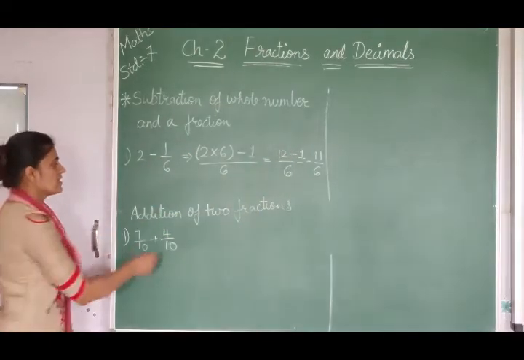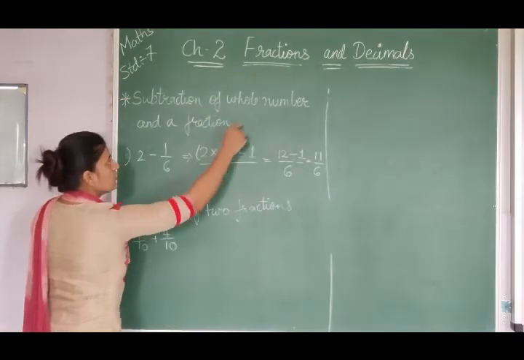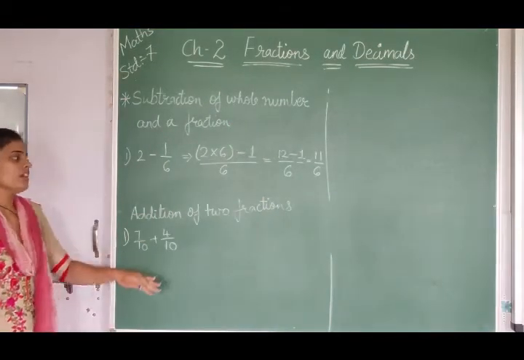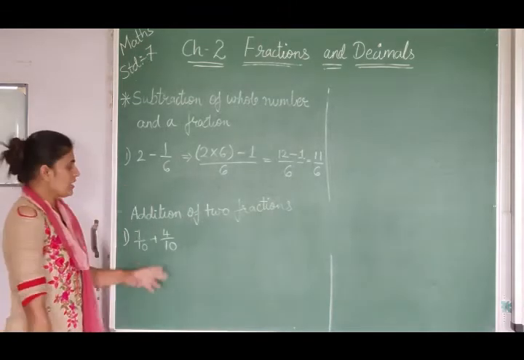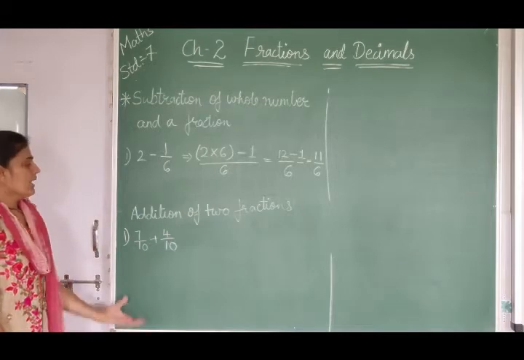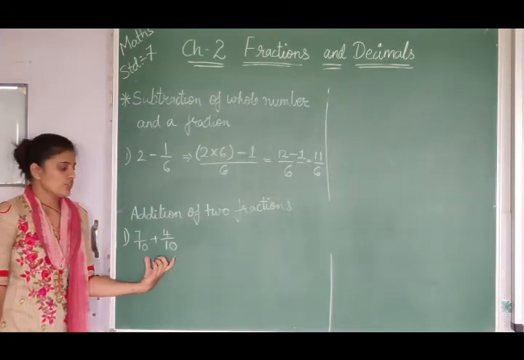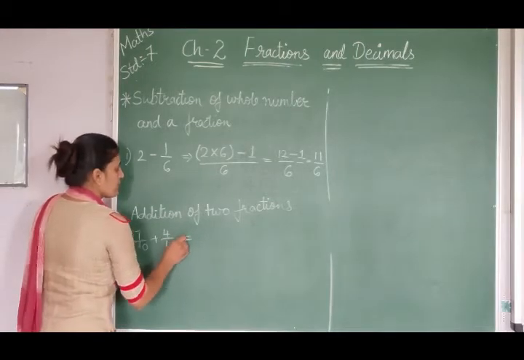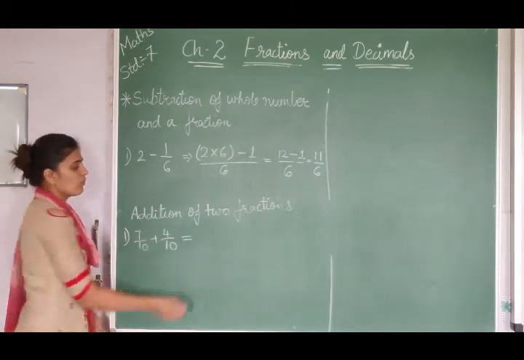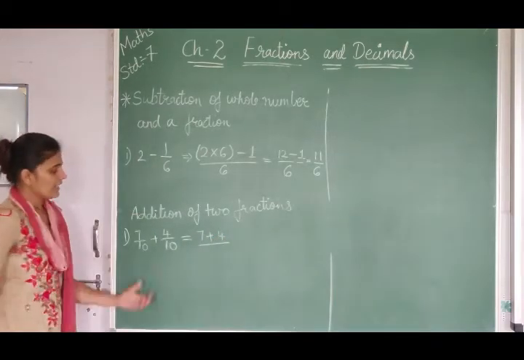Now next is addition of two fractions. Now we have learned about one whole number and a fraction. Now we will learn about two fractions. Here I have taken two fractions, 7 by 10 plus 4 by 10. Here you can see the denominators of both the fractions are equal. So I will simply put equal to 7 plus 4 divided by 10.